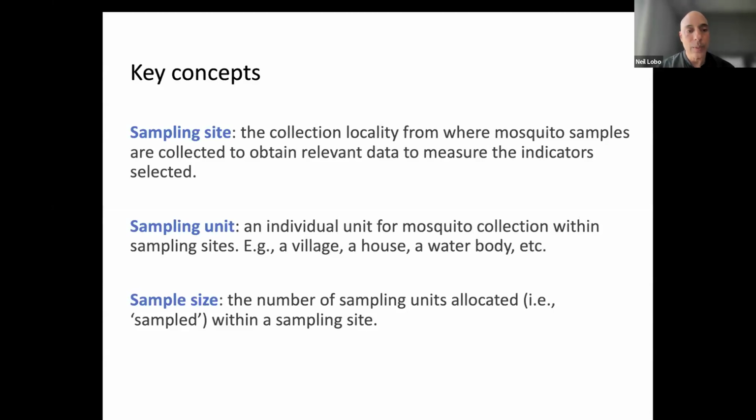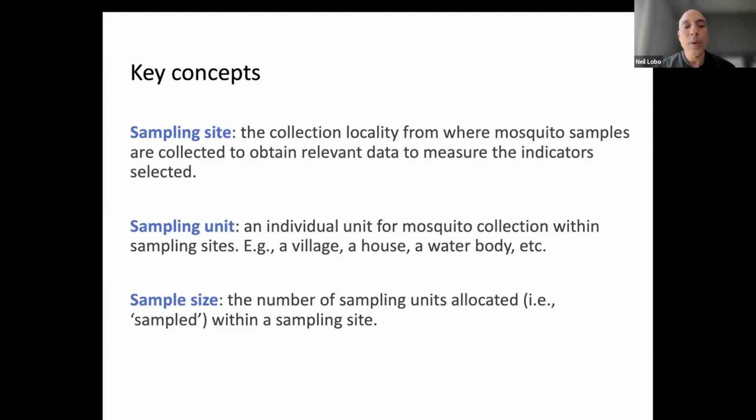A sampling unit. Now, this is the individual unit for which mosquito collection will be conducted within a sampling site. For example, this could be a village, this could be a house, this could be a water body, this could be a person, right? So if we're looking at the number of mosquitoes that enter a house at night or rest on walls in the morning, your sampling unit would be a house, right?